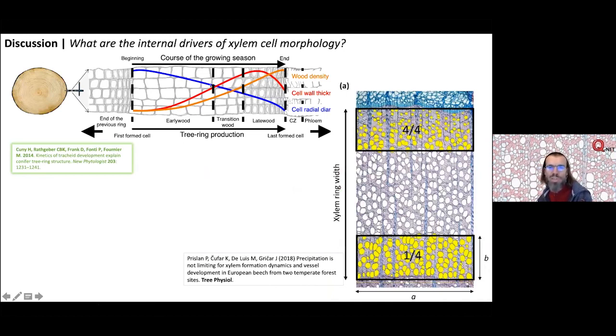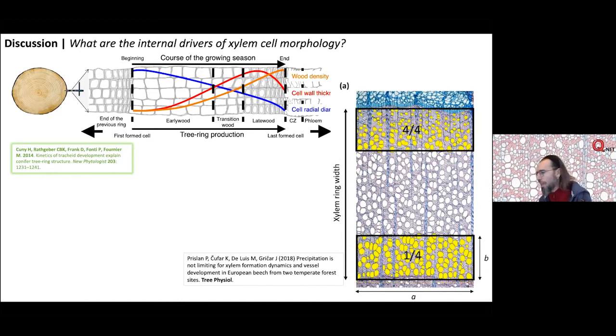So this is, for example, an example for gymnosperms. And for angiosperms, even in the case of beech, where it's quite difficult because the structure is homogeneous, we can still try to understand the difference of vessel size from the beginning of the ring to the end related to these parameters.